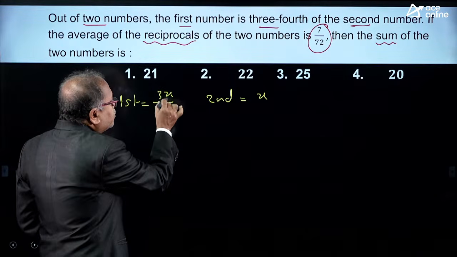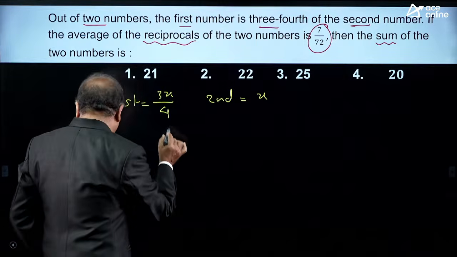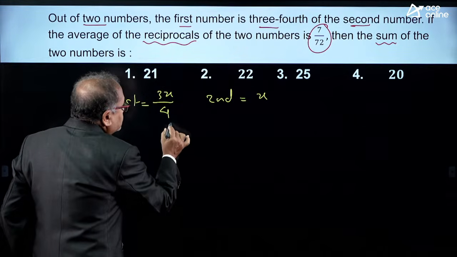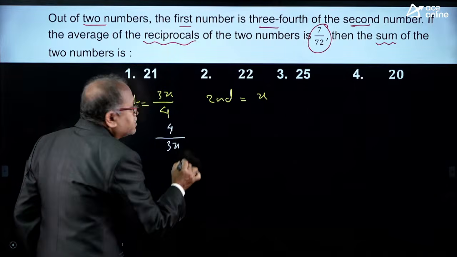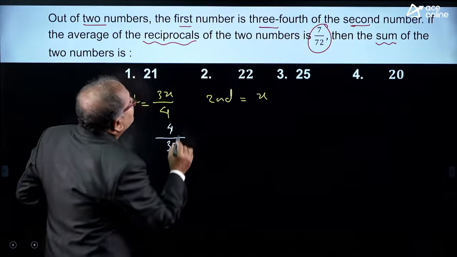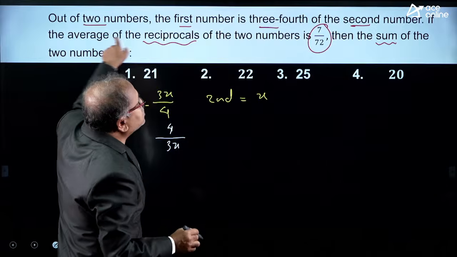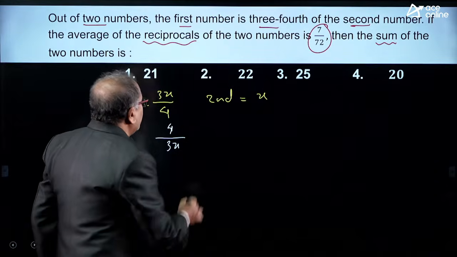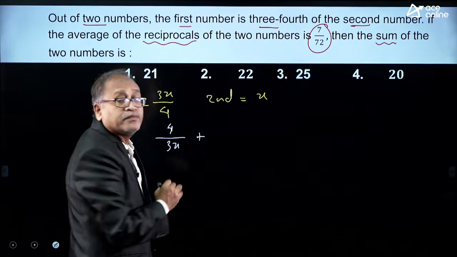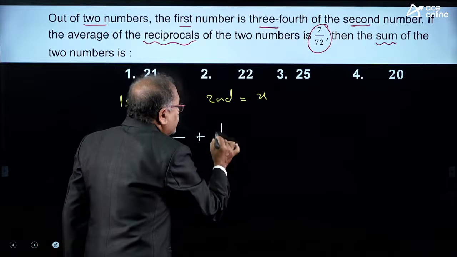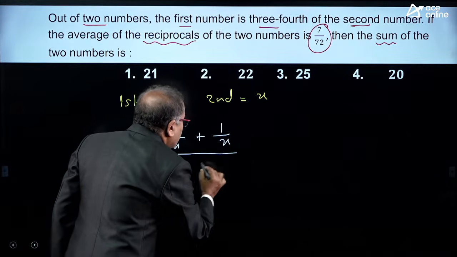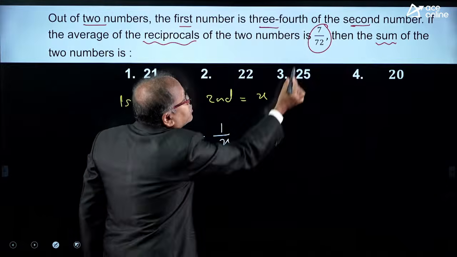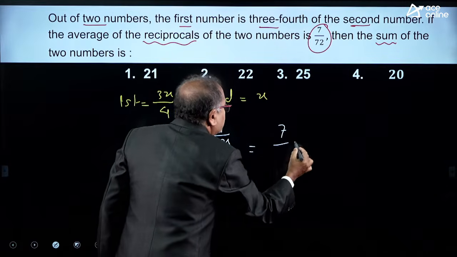So what is the reciprocal of this number? I will be taking the reciprocal of this number as 4 by 3x. And the average of the reciprocals, so add this one. Second one, its reciprocal is 1 by x, divided by 2, which is equal to 7 by 72.